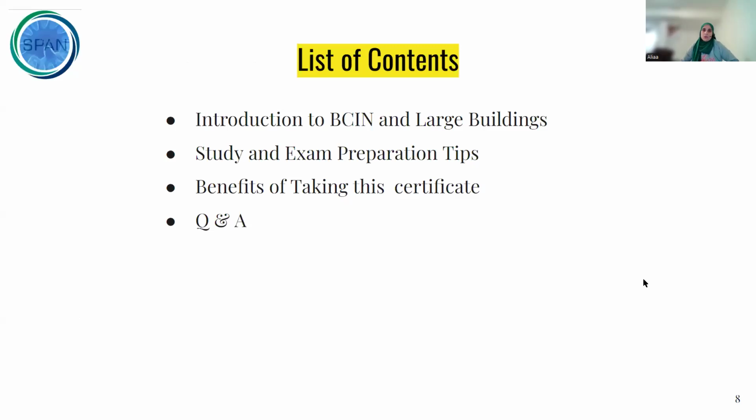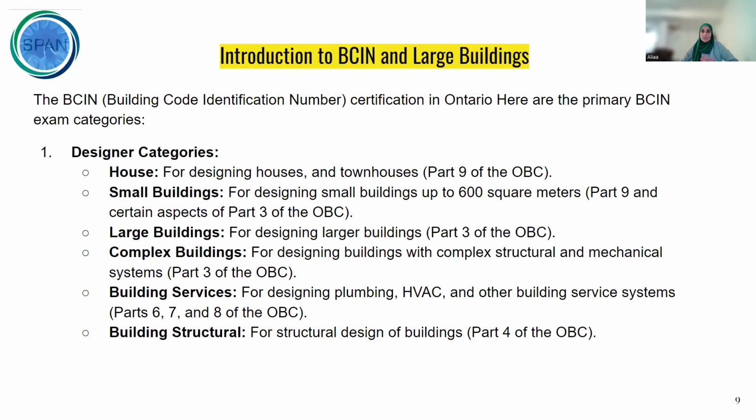Today we will be talking about an introduction to BCIN and large building, study and exam preparation tips, and the benefits of taking this certificate. What is a BCIN and what is a large building? BCIN is the Building Code Identification Number certification in Ontario. The BCIN exam has many categories. Today we will focus on the designer categories.